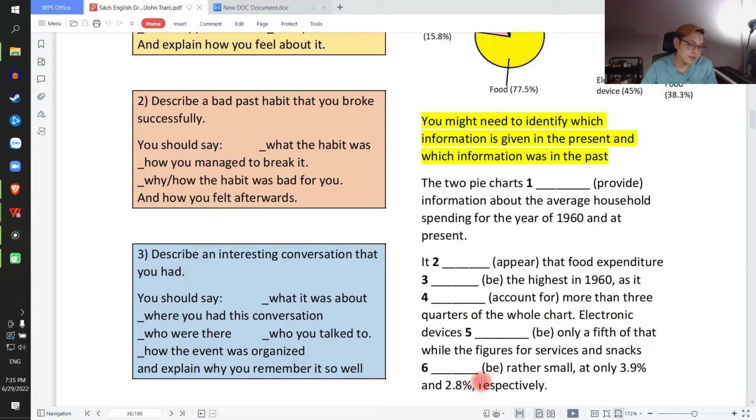Trong văn viết tiếng Anh á, thì khi các bạn nêu ra hai thứ và hai con số đi kèm với nó, các bạn phải dùng dấu phẩy và respectively để nói theo cái trật tự như vậy, tức là cái đầu tiên tương ứng với con số đầu tiên, cái thứ hai tương ứng với con số thứ hai. Nó theo một cái trật tự như vậy.